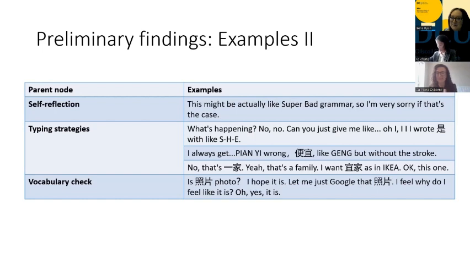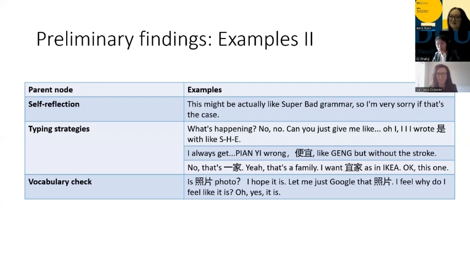So because of the similar sounds in Chinese, and because they have to pick out when they're typing, they have to pick out the correct and be able to recognize the correct character. So sometimes that can be a little bit frustrating. It's not exactly the character combination that they want or need, but it keeps coming up for them. So that can cause a pause in the typing process and cause them to reflect on that. It's 照片 photo? I hope it is. Let me just Google that.